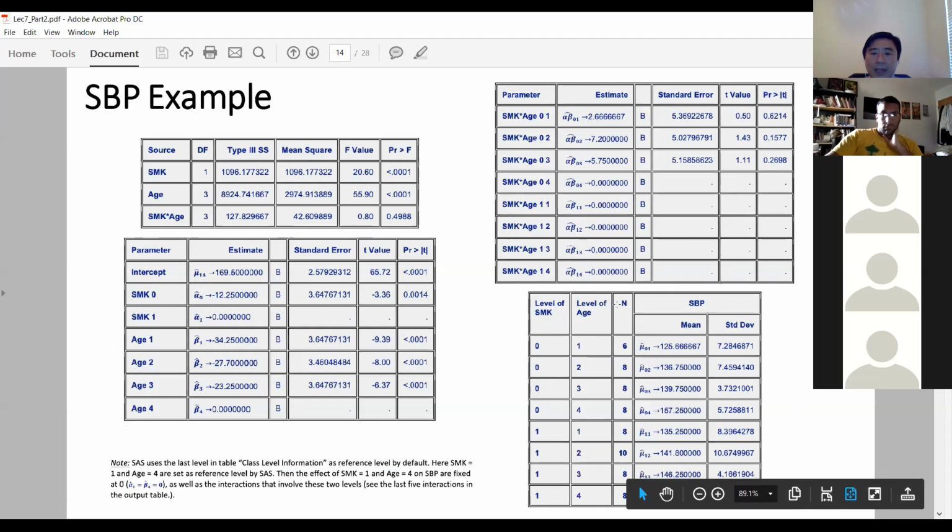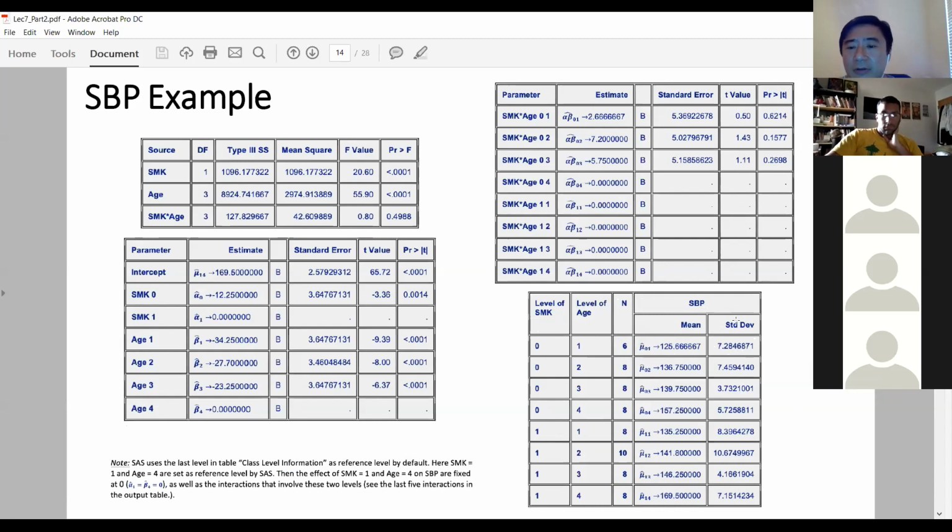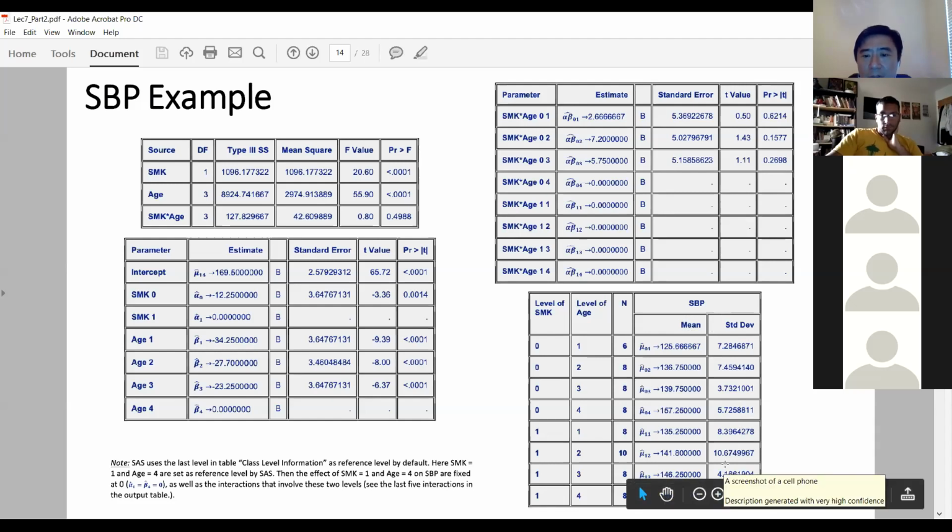And for each of the age groups, it actually gives you the mean for the systolic blood pressure, the outcome, and standard deviation for that. And this standard deviation is actually the standard error, because the standard deviation of the mean is the standard error, but it just uses the standard deviation. But you need to keep in mind that's the standard error for SBP. And again, also the number of observations.